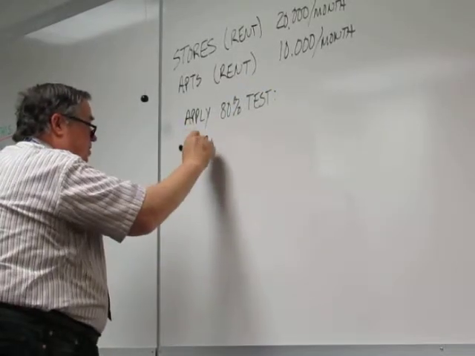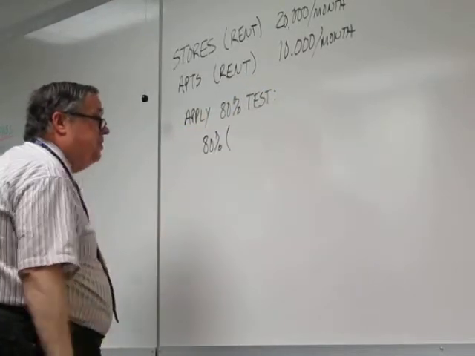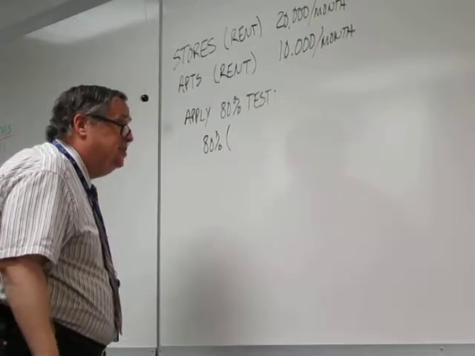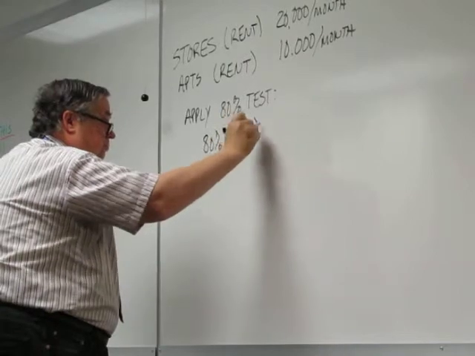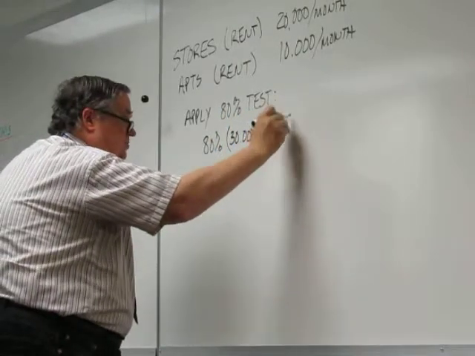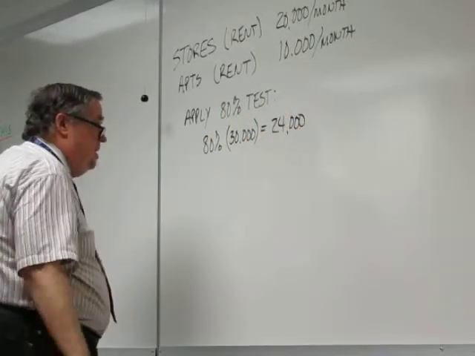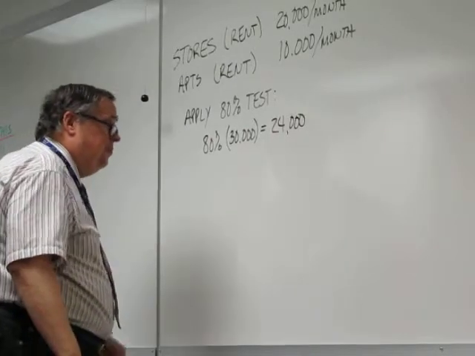Take 80%. Now, the combined rent is $30,000. Notice I'm choosing easy math. 80% of 30 is 24,000.